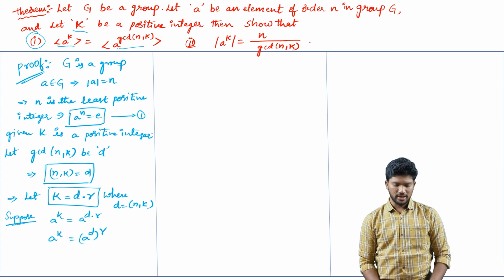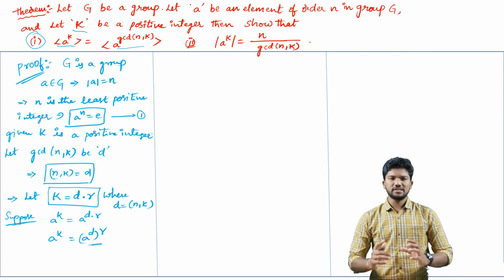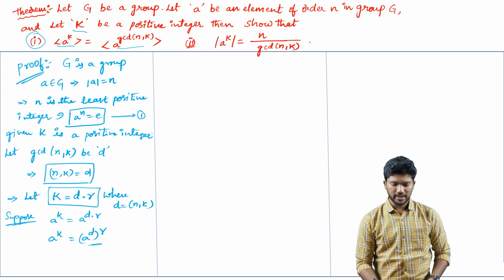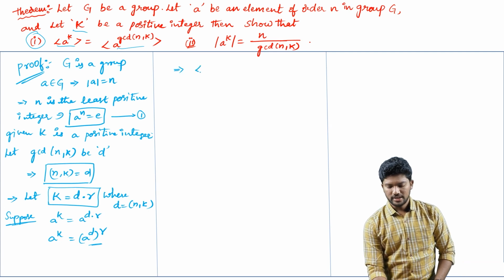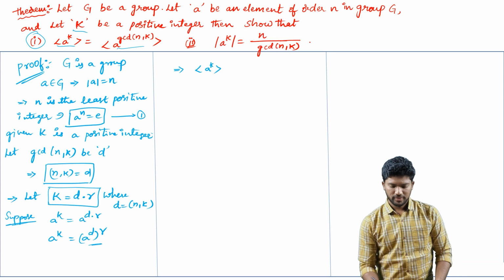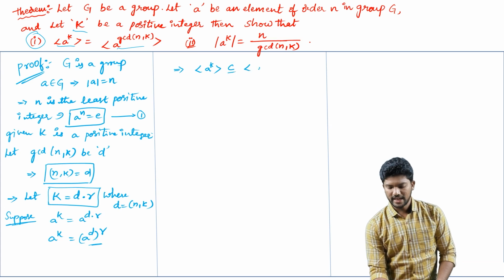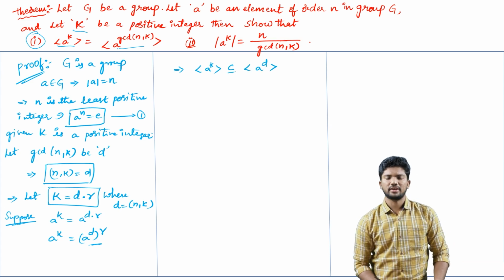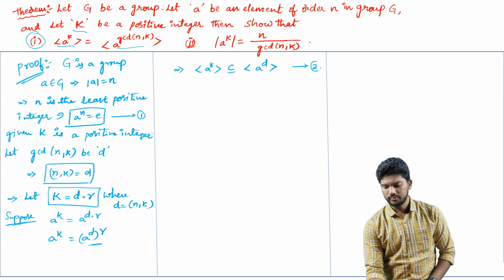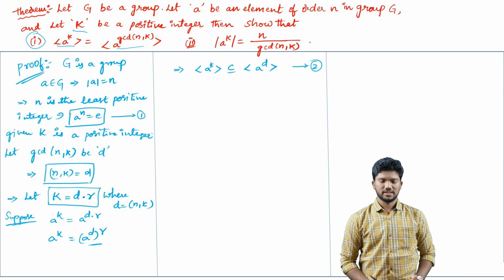If you observe carefully, the RHS purely belongs to the definition of the cyclic group. Then we can write the LHS as: the cyclic group generated by a^k is a subset of or equal to the cyclic group generated by a^d in the RHS. This is equation number 2 from the previous step.